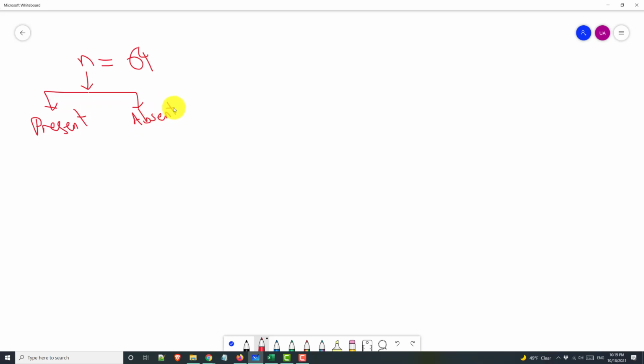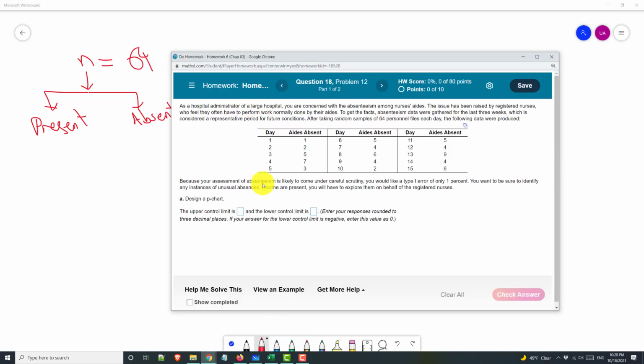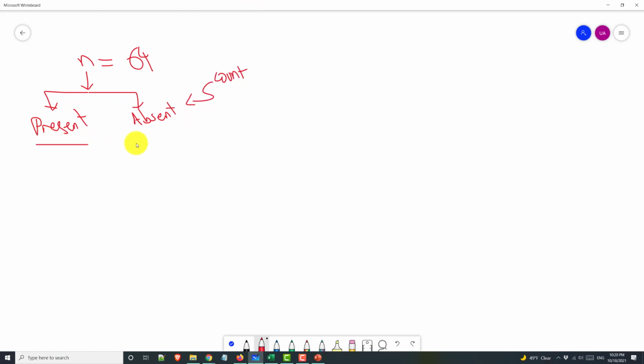And we count how many were absent, and that is reported in this table. Okay. So given this description of how the data was collected, the underlying data is yes/no data, or 1-0 data. So we code present as 0, absent as 1, so we can sum up the column to get how many people were absent.